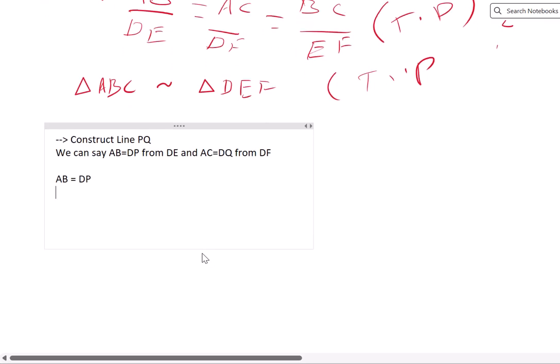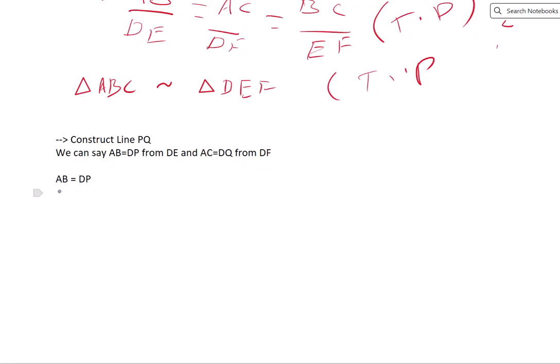So we are writing angle A equal to angle D.